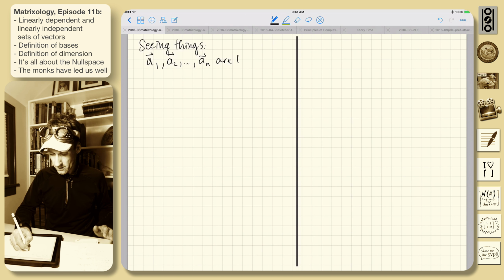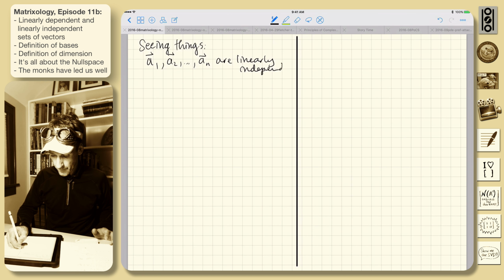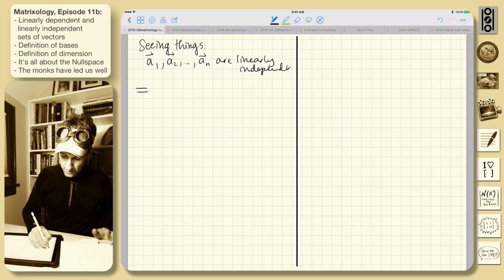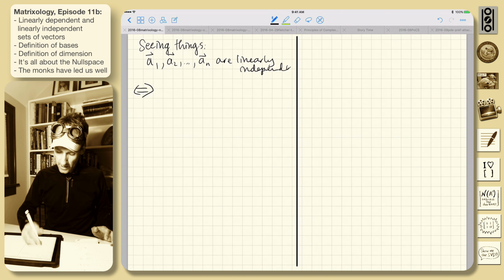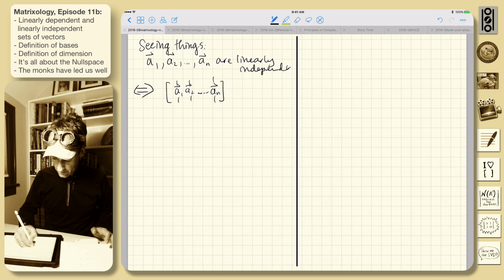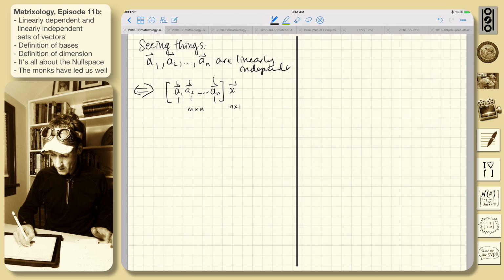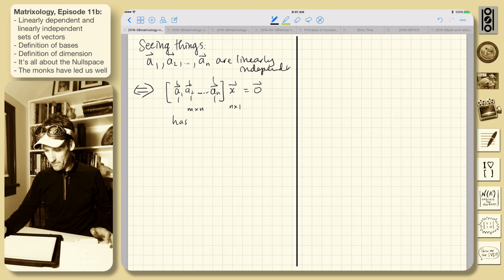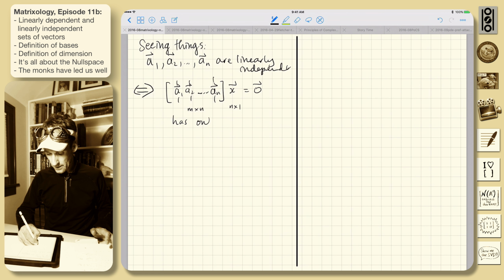By this definition, they are linearly independent if and only if, equivalently, the matrix A, with columns A1, A2, up to AN, which is M by N, times x, which is N by 1, equals 0 has only x equals 0 as a solution.